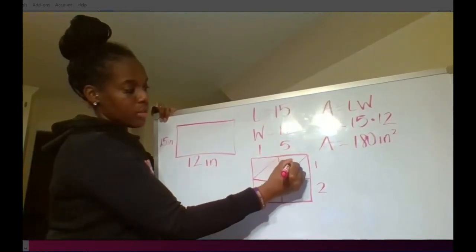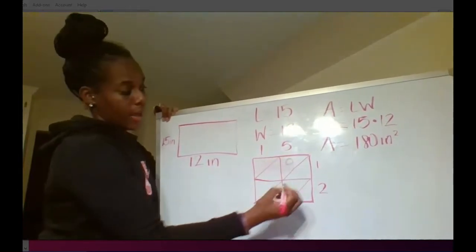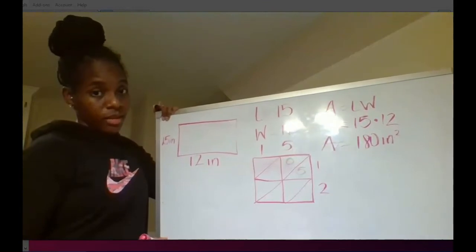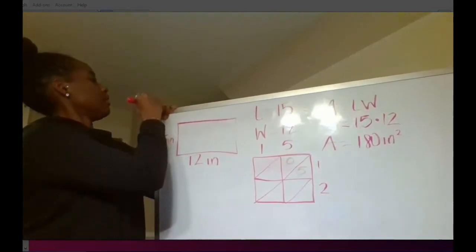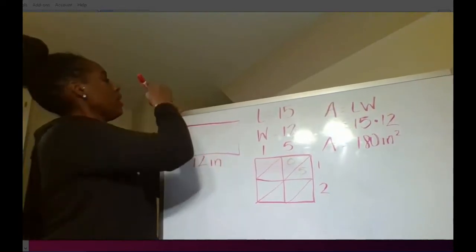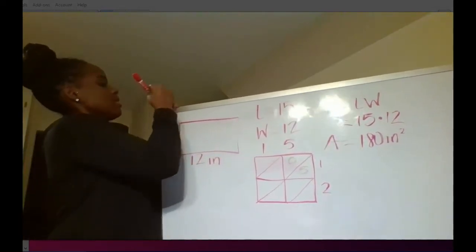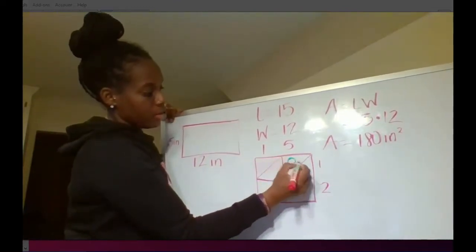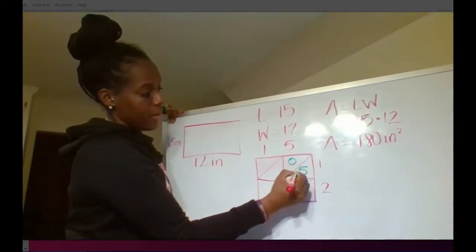I'm going to use 0 as a placeholder, and then I'm going to put 5 here. I don't like how that looks, so I'm going to use a different color. So again, that is 0 and 5.